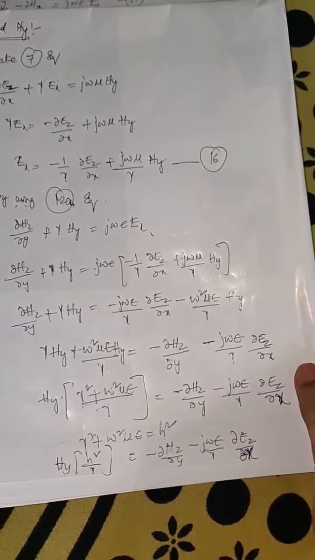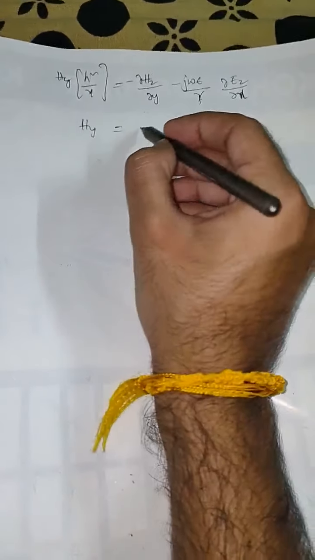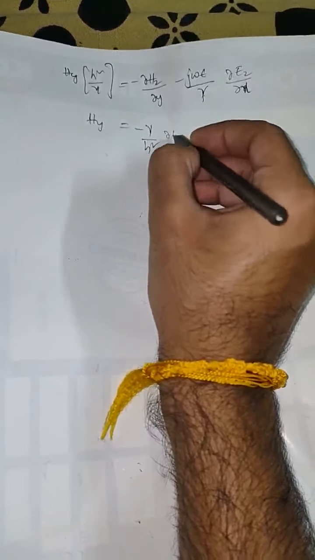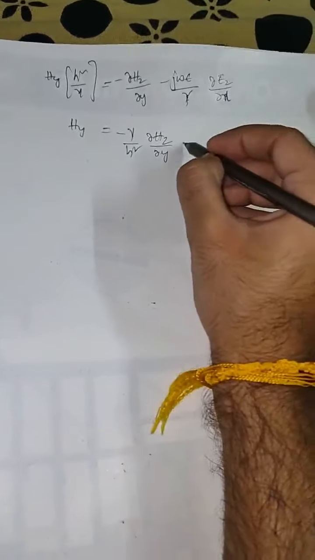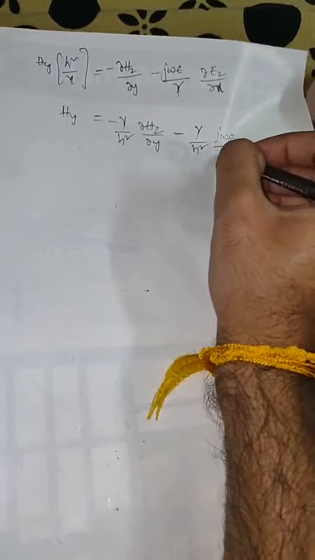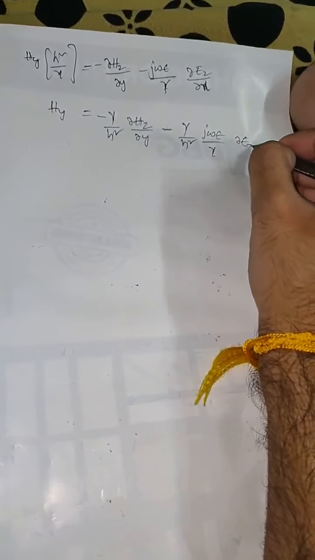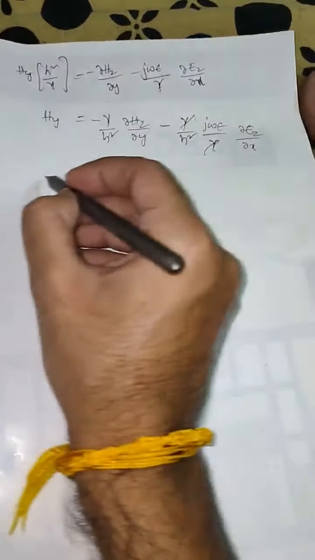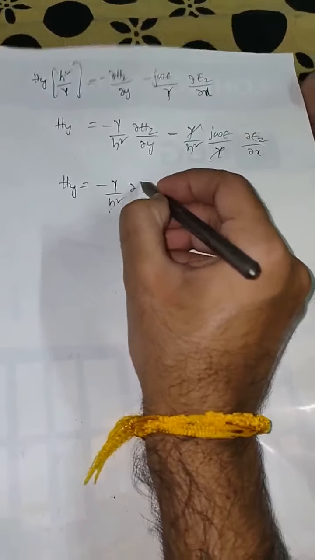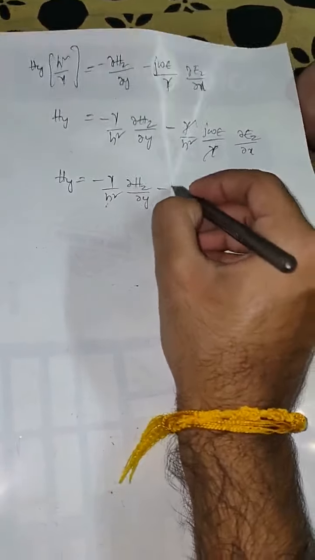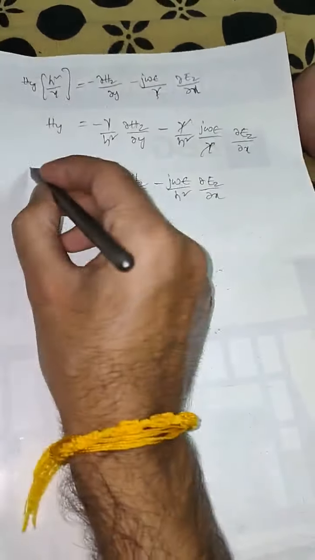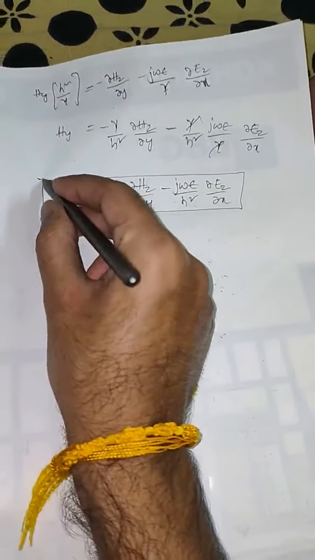Now I want Hy, so Hy is minus γ/h² ∂Hz/∂y minus γ/h² jωε/γ ∂Ez/∂x. γ gets cancelled, so Hy is minus γ/h² ∂Hz/∂y minus jωε/h² ∂Ez/∂x. So this is the Hy value obtained.